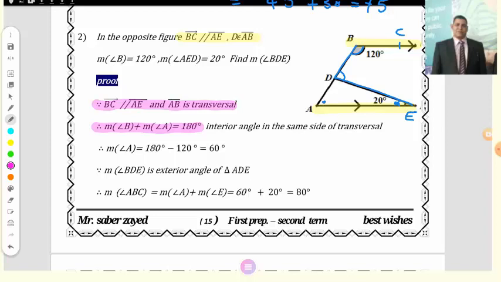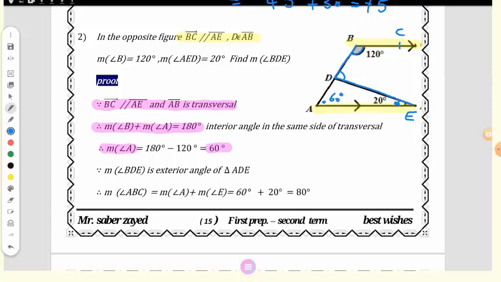So measure of angle A equals 180 minus 120 equals 60 degrees. Since measure of angle BDE is an exterior angle of triangle ADB, its measure equals the sum of the two interior opposite angles, which are E plus A. 60 plus 20 equals 80 degrees.